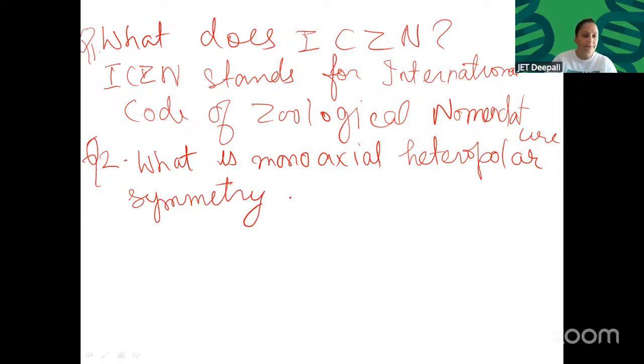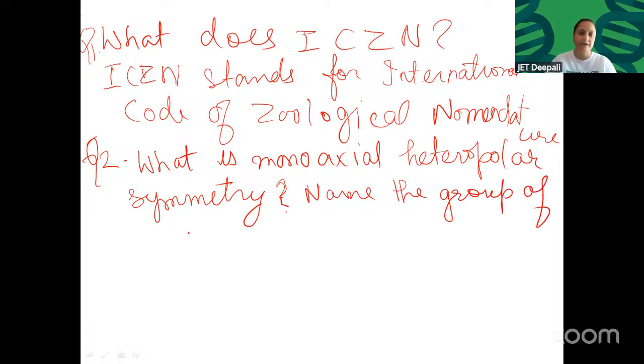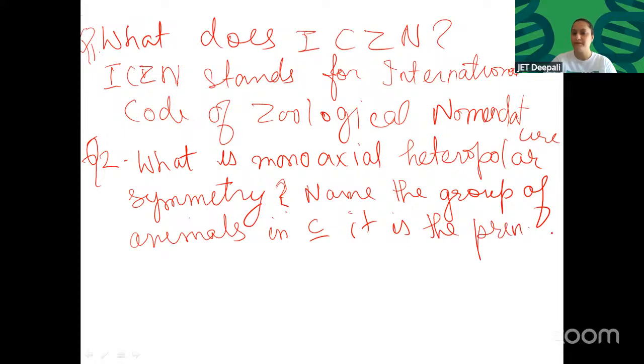Name the group of animals in which it is the principal symmetry. Okay. The next part of this question is: name the group of animals in which it is the principal symmetry.